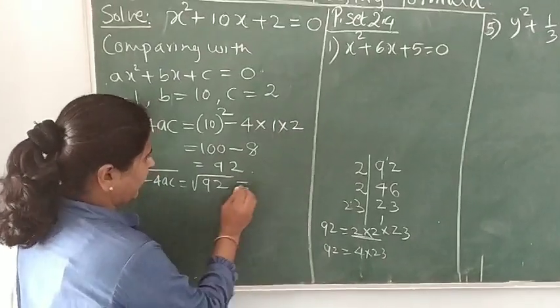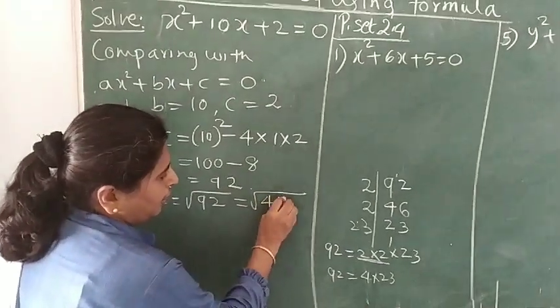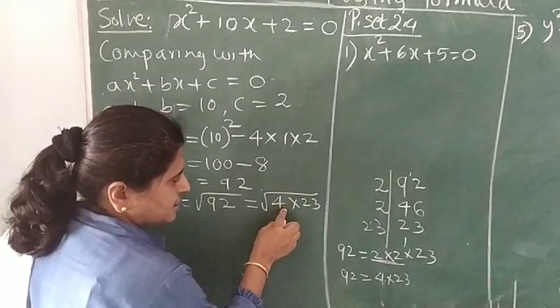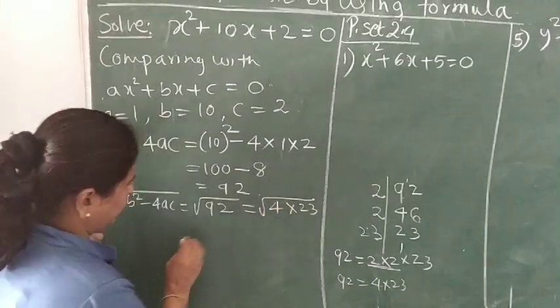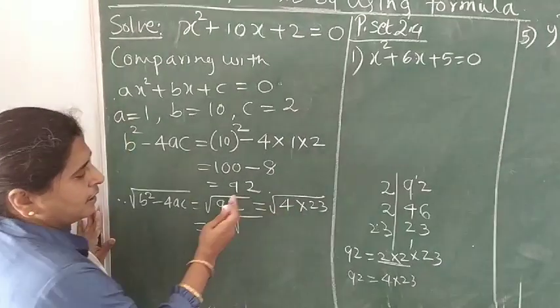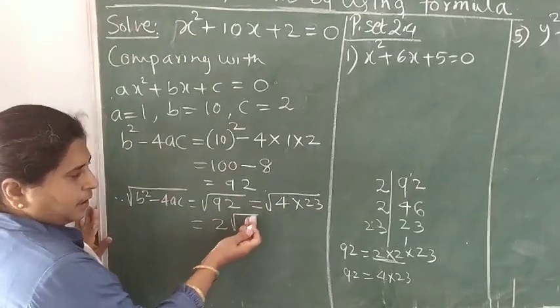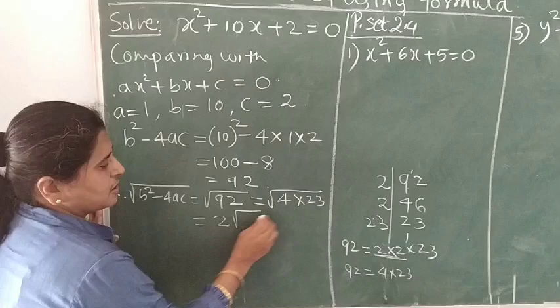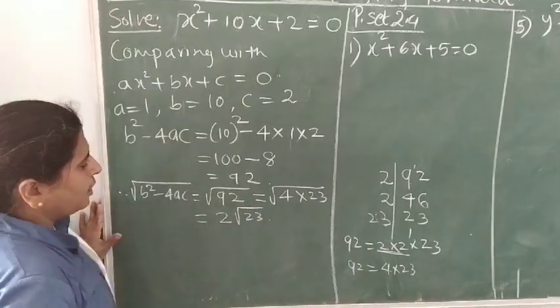That's why square root of 92 you can write as square root of 4 into 23. Out of this, 4 is a perfect square, and therefore it is square root of 4, that is 2, which we write outside the square root, and under the square root it is 23. Now what is the formula?